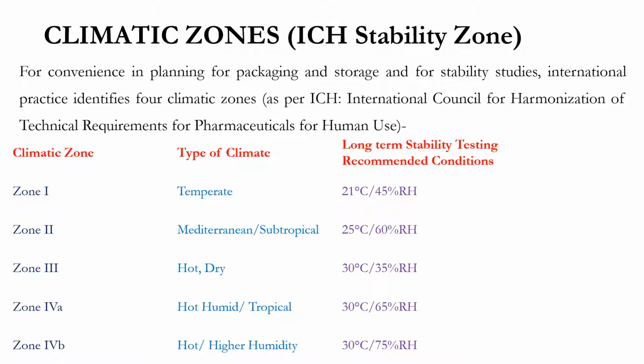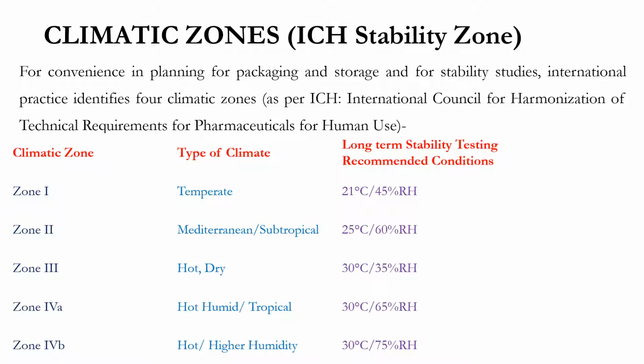We have to check the friability and stability on these conditions only. Take the example of the corona vaccine. If India has prepared the corona vaccine and it is going to the temperate zone, zone 1, then we have to test the stability of that vaccine at 21 degrees Celsius with 45% relative humidity only.